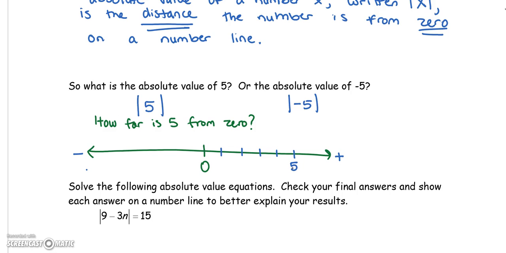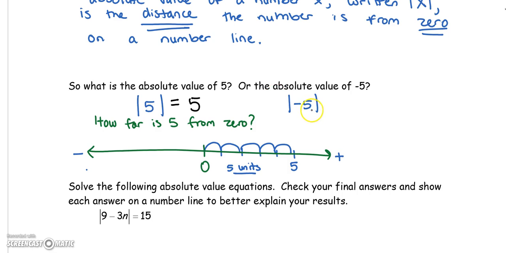The question is, how far is this from 0? Let's count. That was 1 unit away, 2, 3, 4, 5 units away. So the answer to that question would be 5 units. So what is the absolute value of 5? It will be 5.